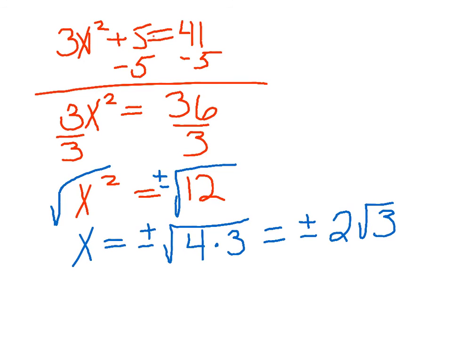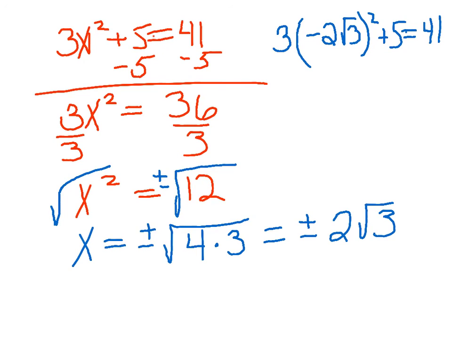Now, let me show you why that plus or minus works. If I was going to put that back into my equation, into the x squared spot, if I put a negative here, do you see how when I multiply that out and square it, that will be a positive.